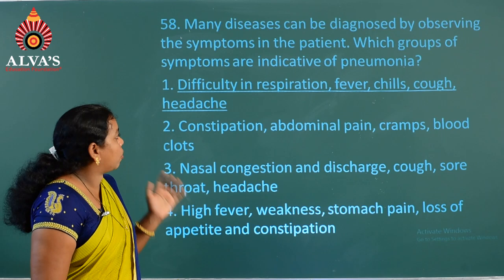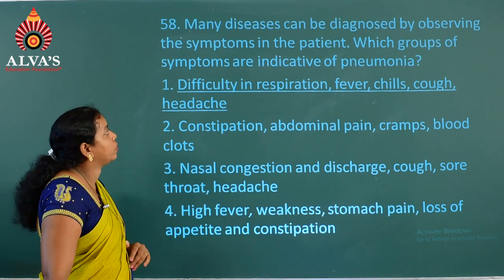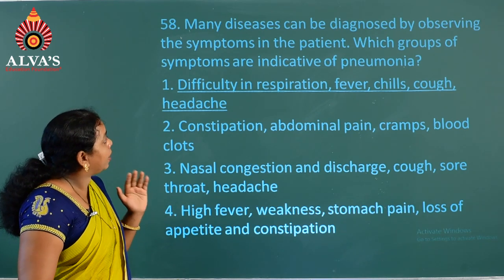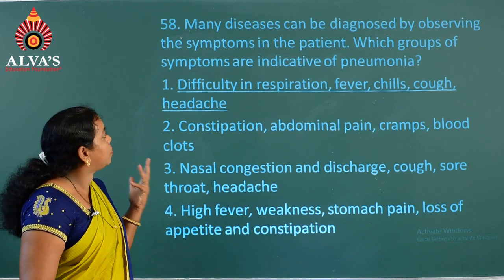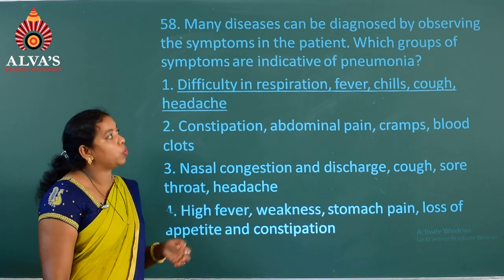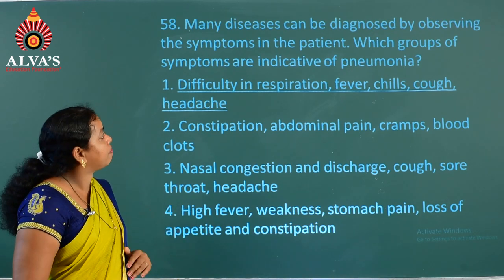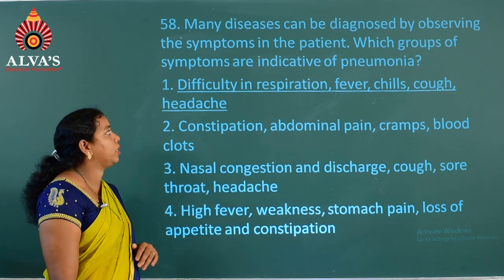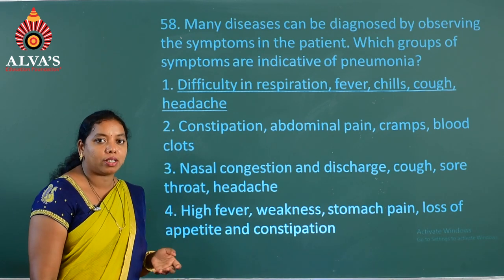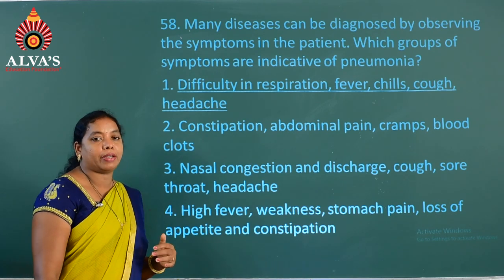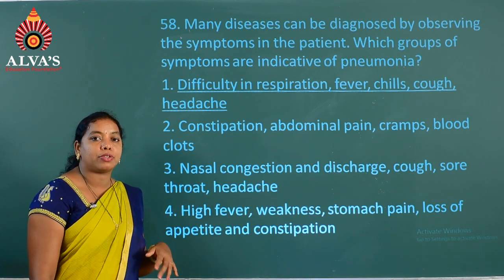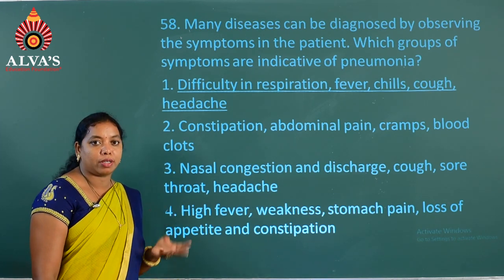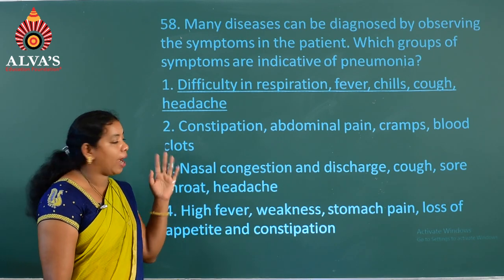Here the question is which group of symptoms is indicative of pneumonia. We have to identify the symptoms of pneumonia. During pneumonia the lower respiratory tract gets infected, hence there is difficulty in breathing, and also the person has fever, chillness, cough and headache.